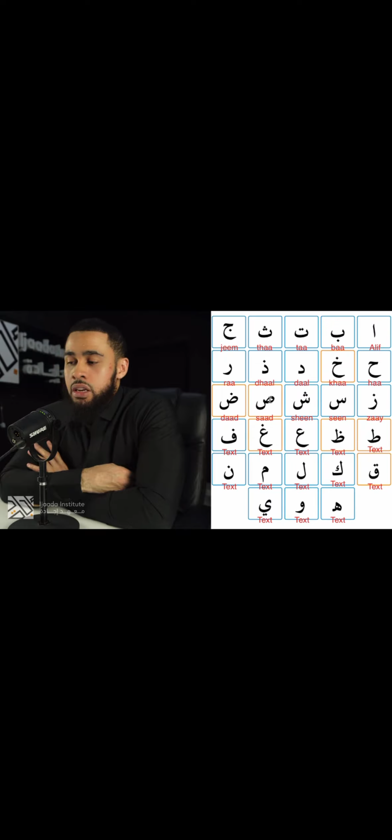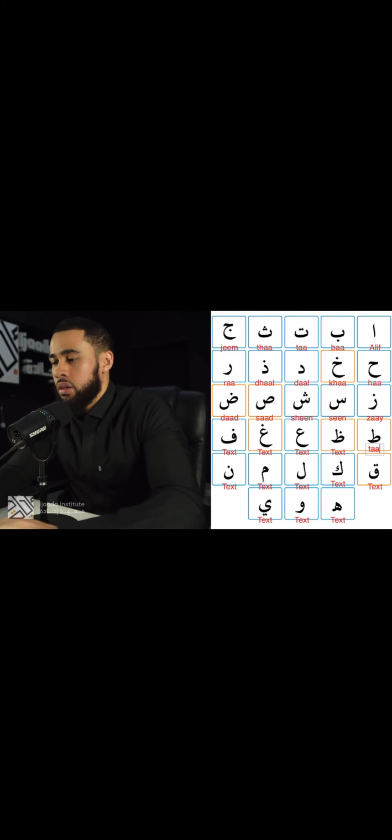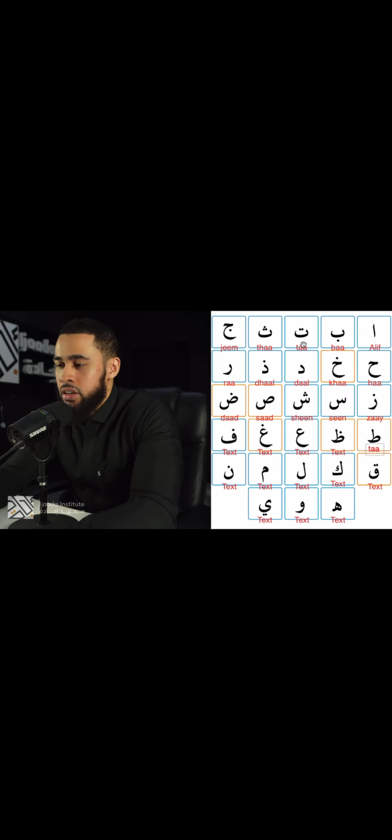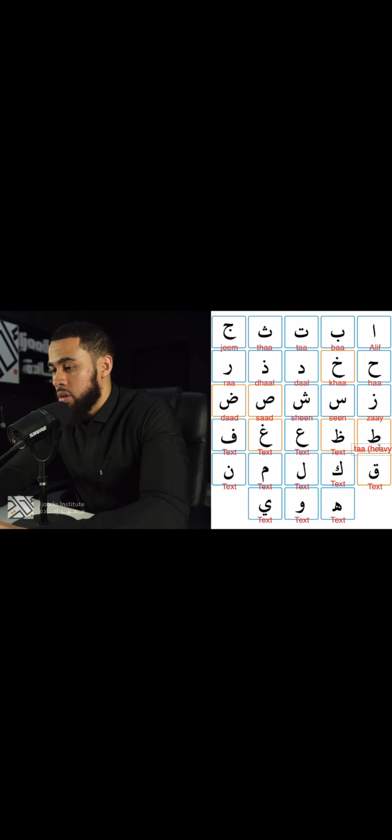Then the next one we got Ta. Now Ta is gonna look like Ta, so I don't even know how to make this heavy. That looks like 2, so we're gonna have to put a Ta, and I'm just gonna put brackets heavy, so make it heavy.